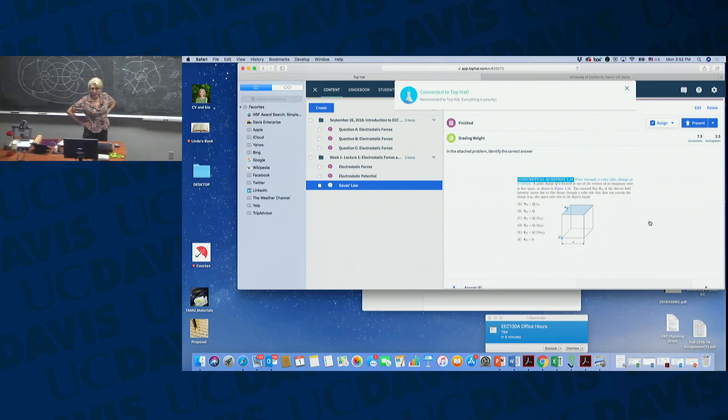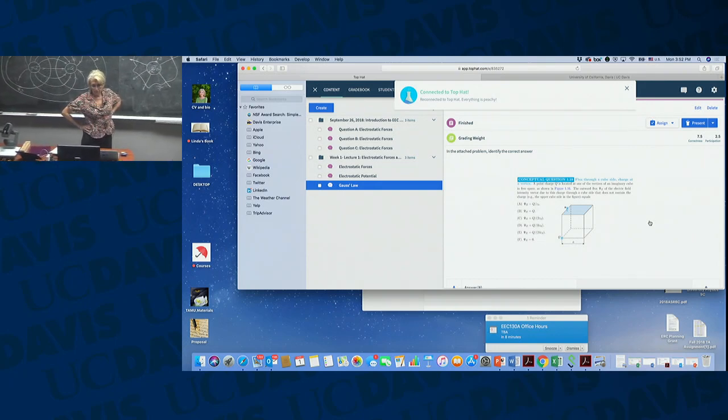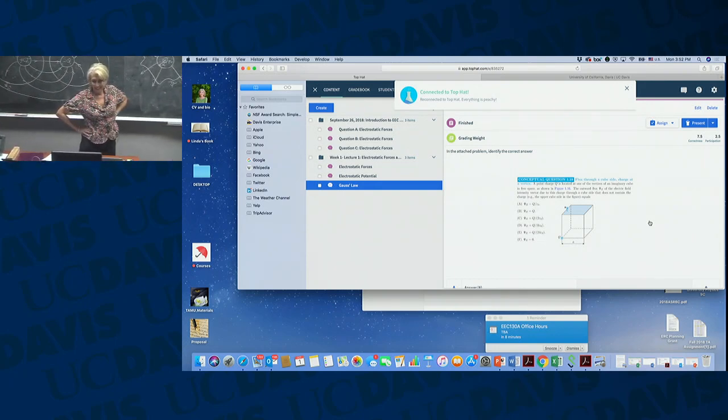Who, like group 8? Group 8? There. So why was it 24? Why was it not 8, whatever else they had, 2, 6?